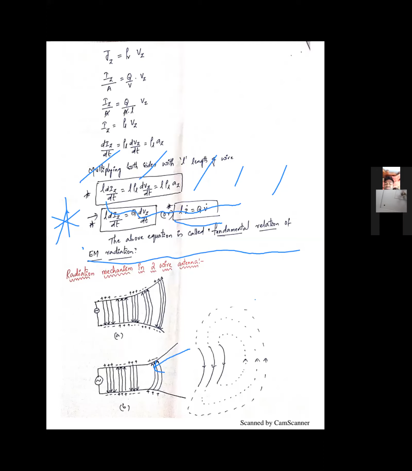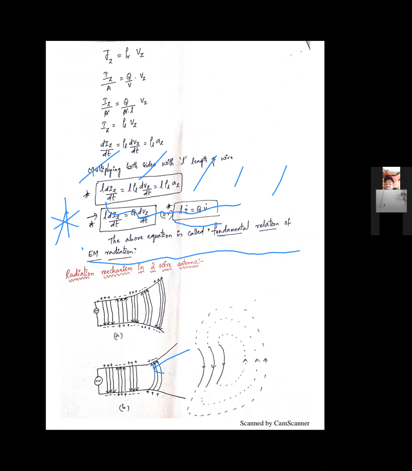Now from current density, we know that J is equal to rho V into V, which I have written here. J is equal to rho V into Vz, where J is current density, rho V is volume charge density, Vz is velocity along the Z direction.